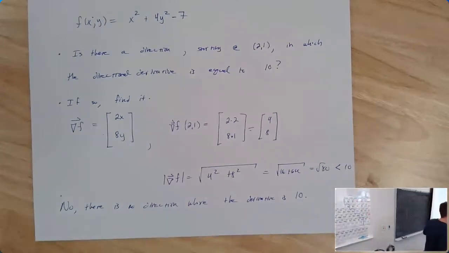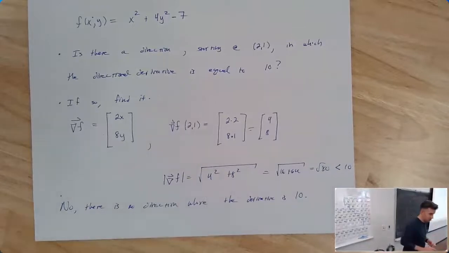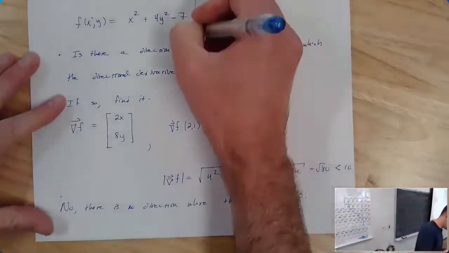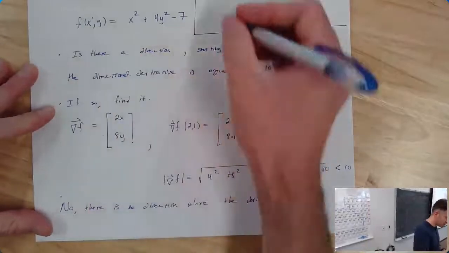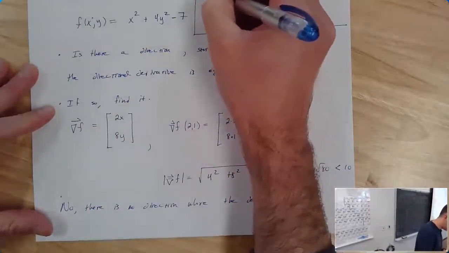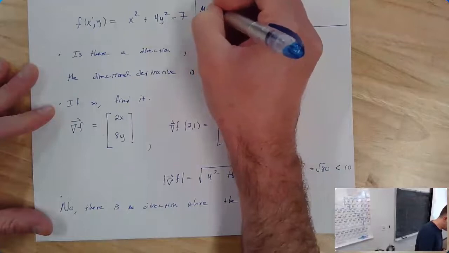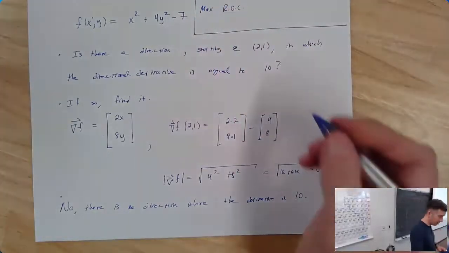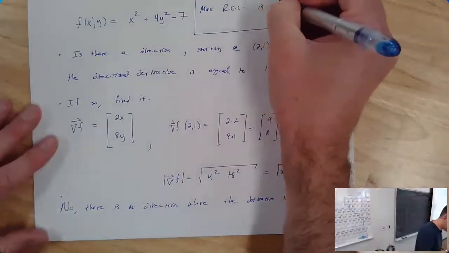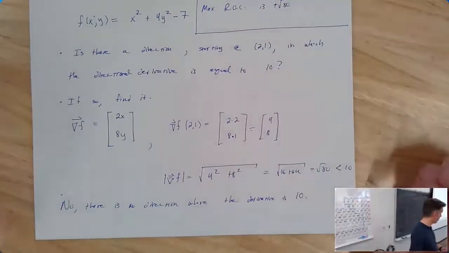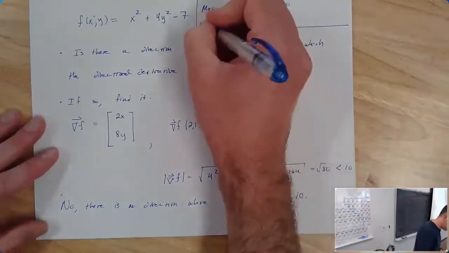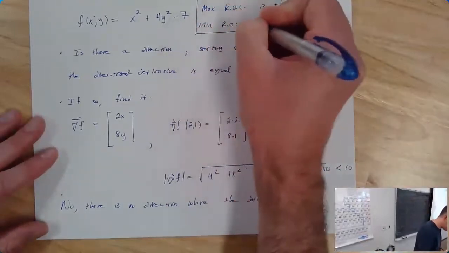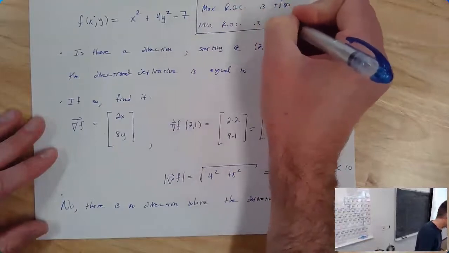The minimum change? Exactly, yes. So in this example, you could say the following: for this particular function, at the point (2, 1), the maximum rate of change, or the maximum slope of the surface, or whatever you want to call it, is positive root 80, the magnitude of the gradient, and the minimum rate of change is negative root 80.